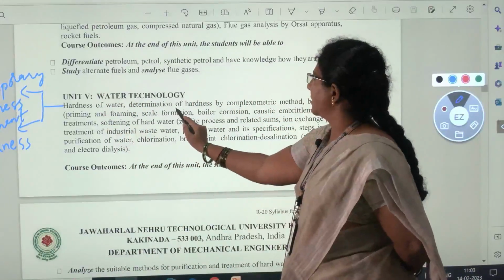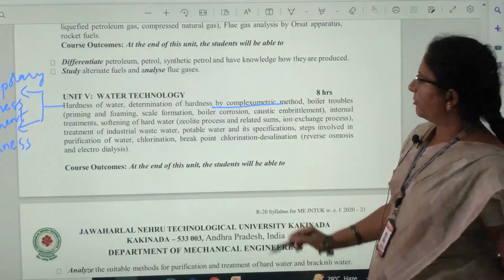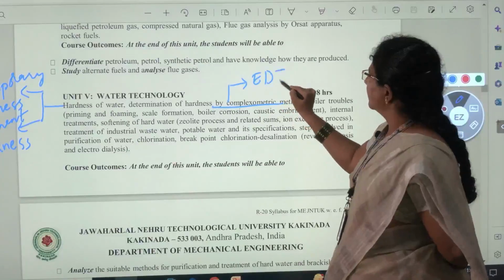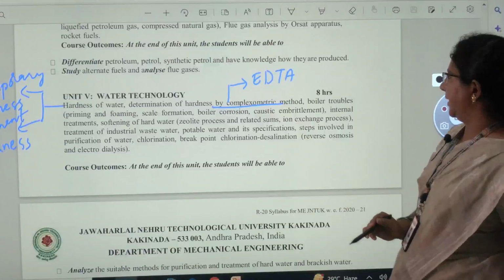And next we have to discuss the determination of hardness by the complexometric method. Complexometric method means here we will be determining the hardness using EDTA, that means ethylene diamine tetraacetic acid, which is a complexing agent.